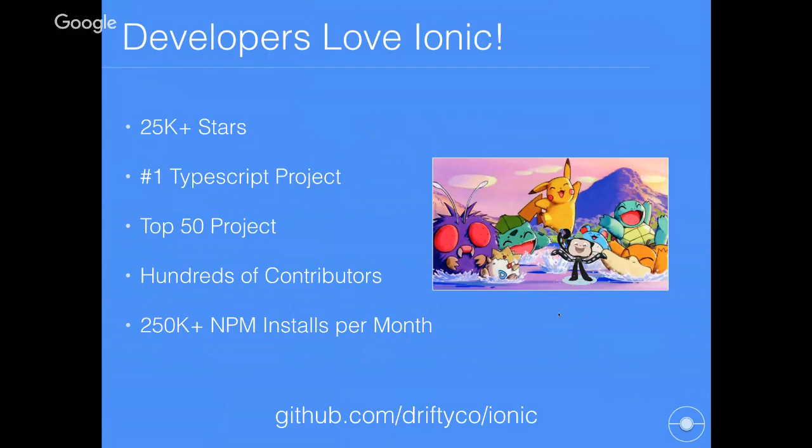That's pretty cool. It's consistently a top 30 to top 50 project, with hundreds of open source contributors over its history, and we're now topping over 250,000 NPM installs per month between Ionic 1 and Ionic 2. That is just NPM installs. The exciting thing is that Ionic 2 already accounts for over a full third of those downloads.